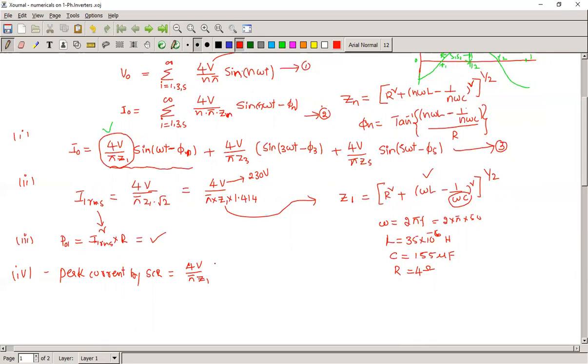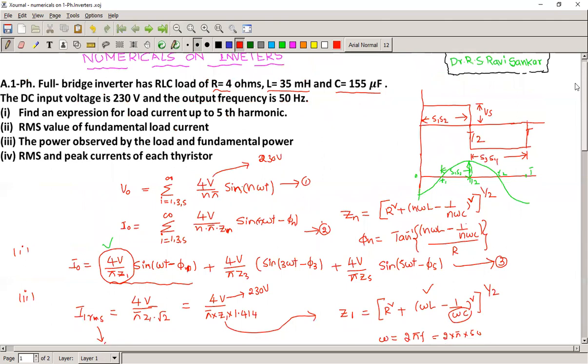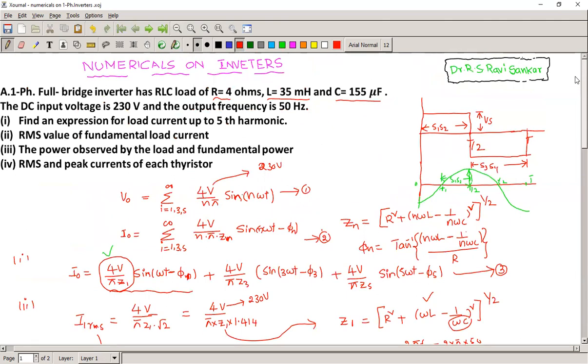How do we calculate this value so that we can easily find it out? Okay. So the RMS value is nothing but this divided by root 2. In this manner, we can solve the numerical problem on single phase inverters, the fully controlled single phase full bridge inverter with RLC load.